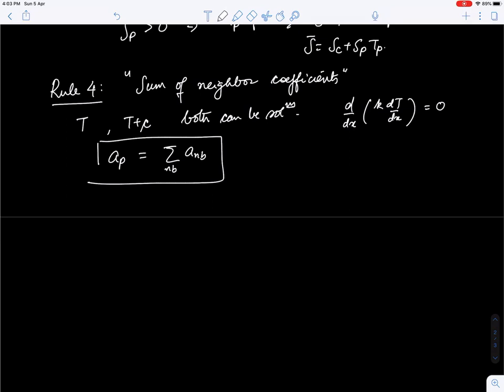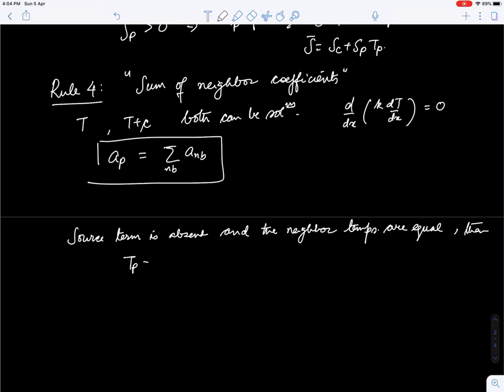So this is almost like saying that if the source term is absent, and the neighbor temperatures are also the same, essentially we should have TP equal to TNB, which implies that AP should be the summation of A NB.